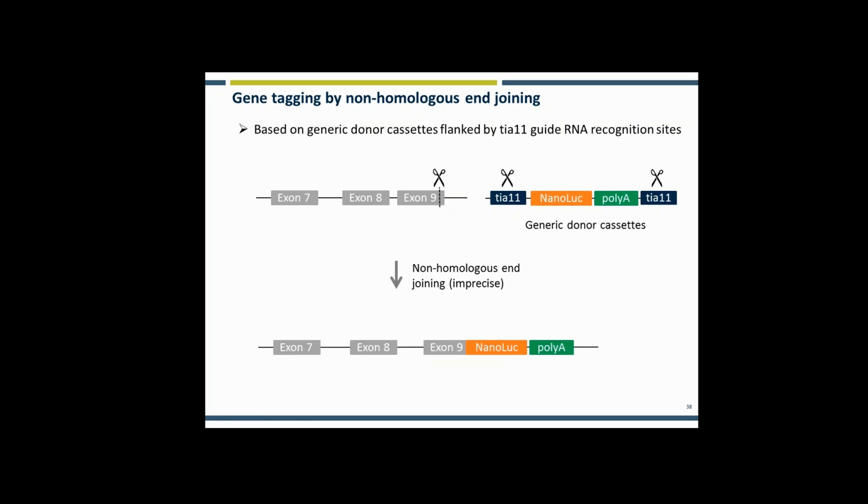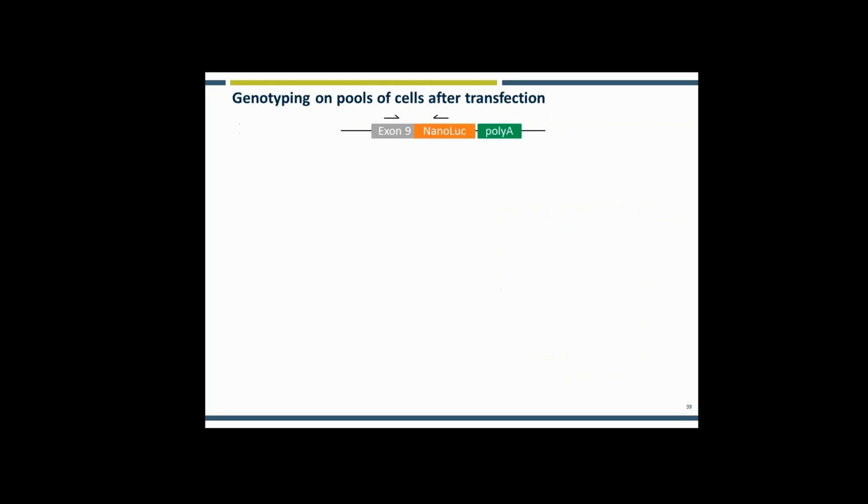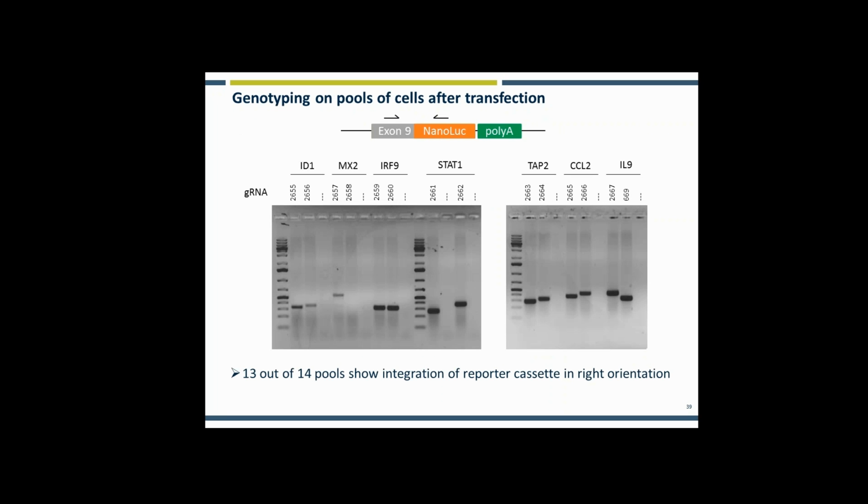And what we hoped is that in some cases we'll get simply integration of that tag via non-homologous end joining based ligation. Now, we hypothesized that this would occur relatively imprecisely, but we hoped that it would occur with high efficiency. And indeed, when we tested this, we found that this seemed to be the case.